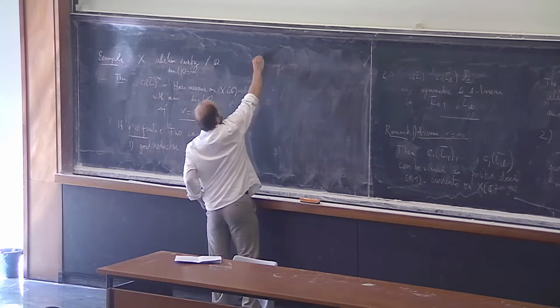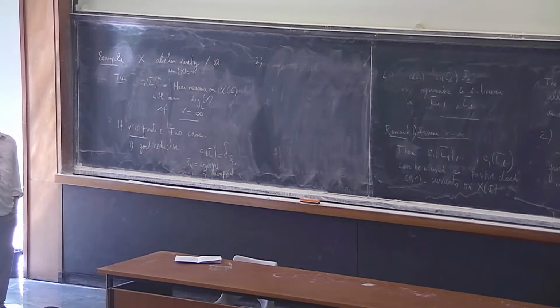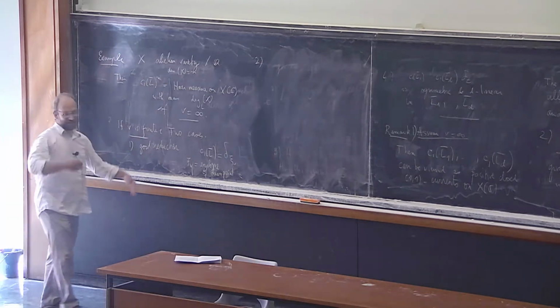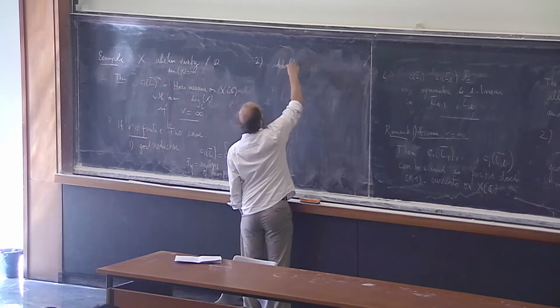Well, there are not only two cases, but there is a chain of cases. But the two extreme cases are good reduction, and the other extreme case is totally degenerate reduction.